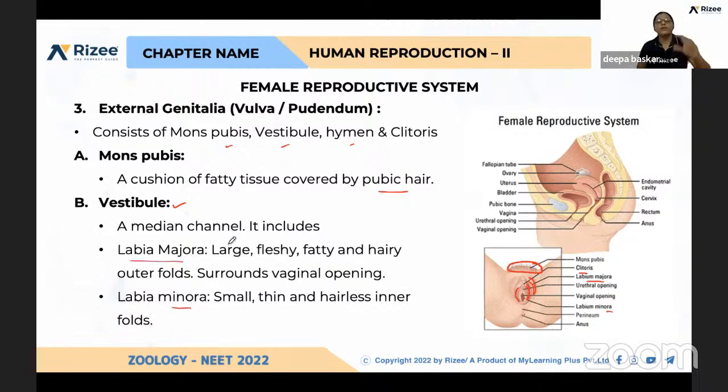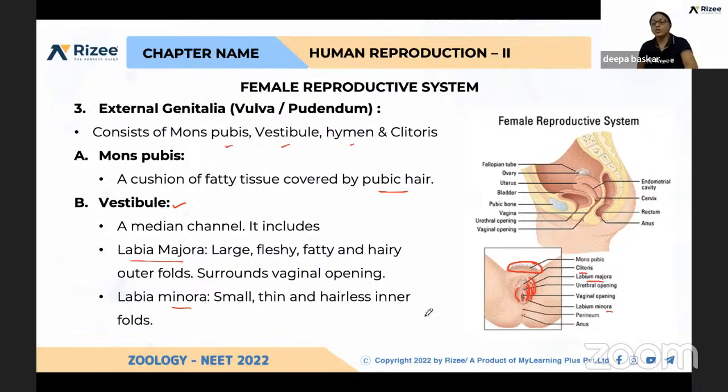Labia majora have large, fleshy, fatty folds of skin, and labia minora have small inner folds. Inside we have skin foldings, and outside it is bigger in size compared to the inner foldings. So based on size, they are named labia majora and labia minora.